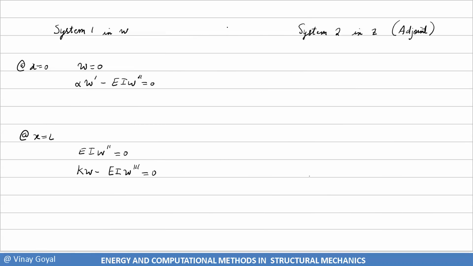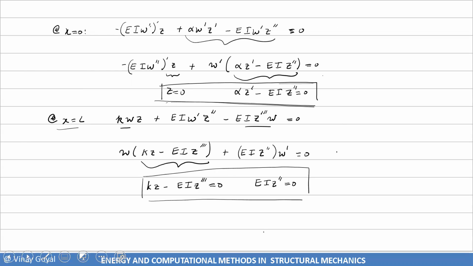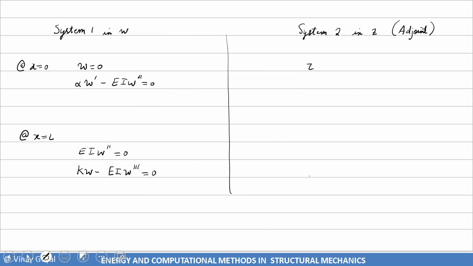If I look at the adjoint system, all I'm going to do then is transcribe all these to the next page, and I get Z equals 0, alpha Z prime minus EI Z double prime is 0, and EI Z double prime is 0, and KZ minus EI Z triple prime is 0. You can see here very quickly that I can swap W and Z, and I get the same system visually.